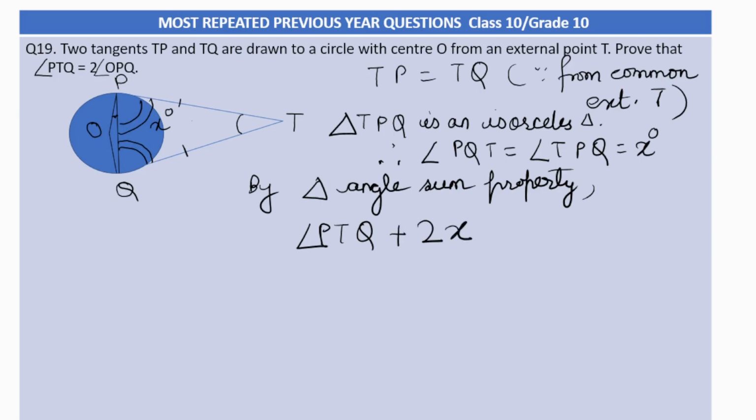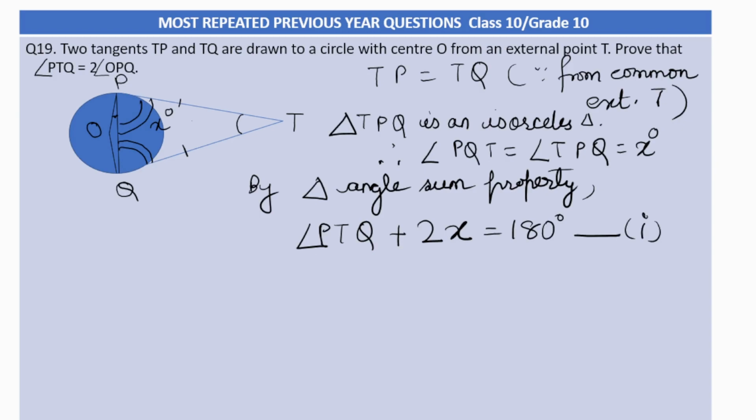Why am I taking 2x? Because just now we proved that PQT equals TPQ, and both we have taken as x degrees. So these two angles are now x degrees, TPQ and PQT. So I have written 2x for both the angles. So PTQ plus 2x equals 180 degrees. Let this be our equation 1. Let's see where we are going to use it.